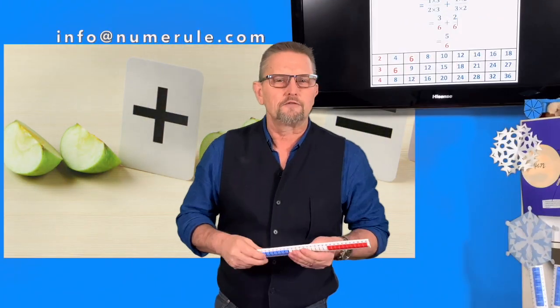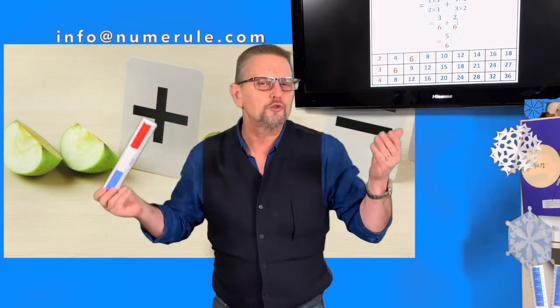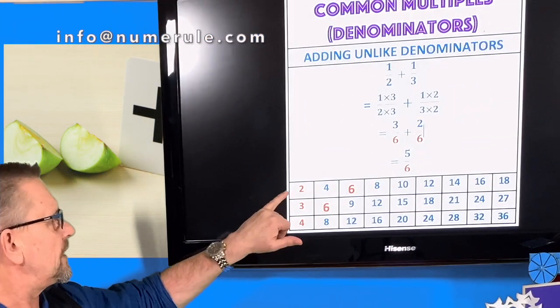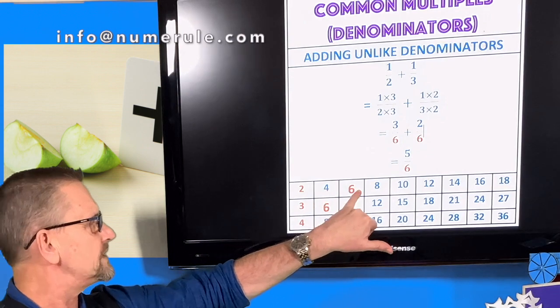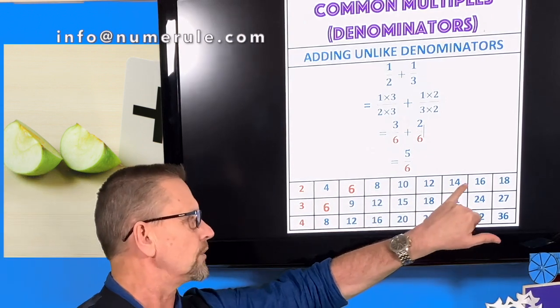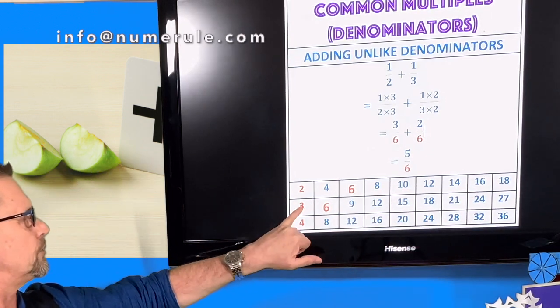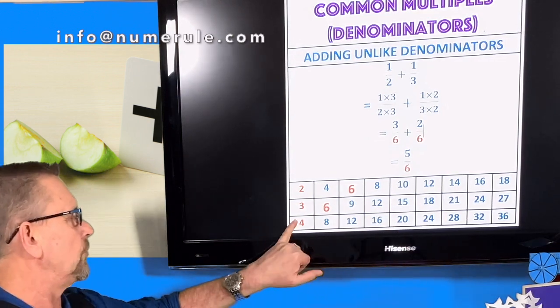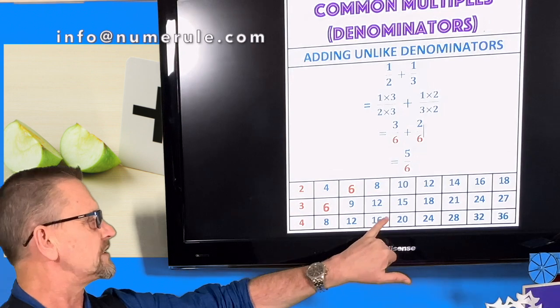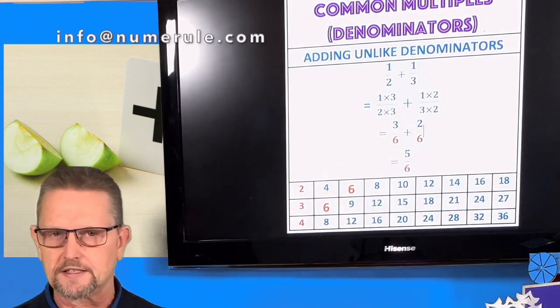What about the idea of common multiples, and where will we use common multiples? Down here we can see the multiples of 2: 2, 4, 6, 8, 10, 12, 14, 16, 18. The multiples of 3: 6, 9, 12, 15, 18. Multiples of 4: 4, 8, 12, 16, 20, 24, 28.